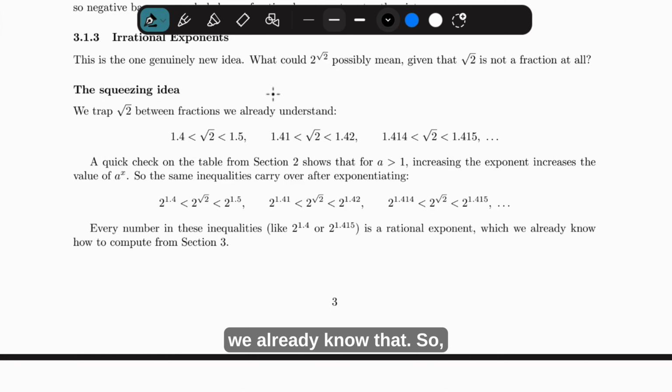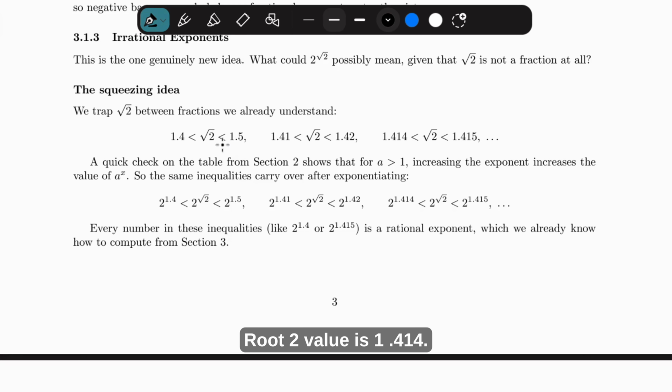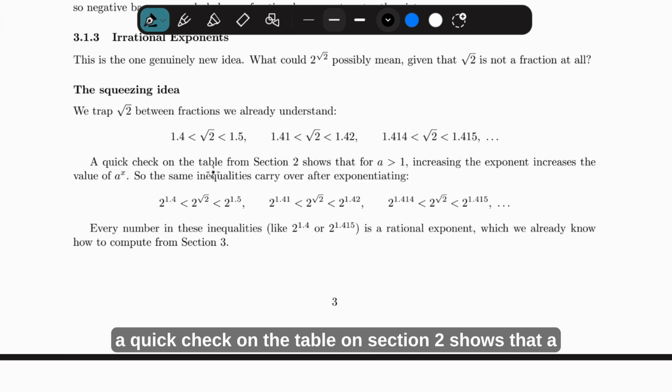We are squeezing root 2 between 1.4 and 1.5. Root 2's value is 1.414.